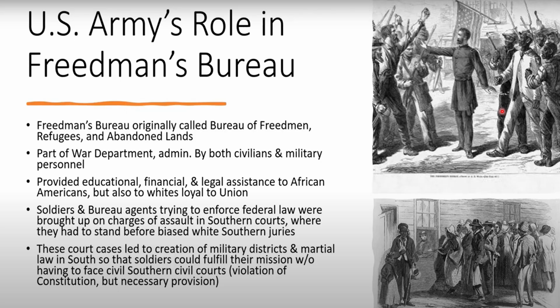They would enforce federal laws, and they were in some cases arrested and put on trial in Southern courts, where they would face white Southern juries that, of course, were very biased against them. African Americans were also largely barred from serving on juries, or at least the white Southerners attempted to keep African Americans off of juries, along with keeping them from voting and things like that politically.